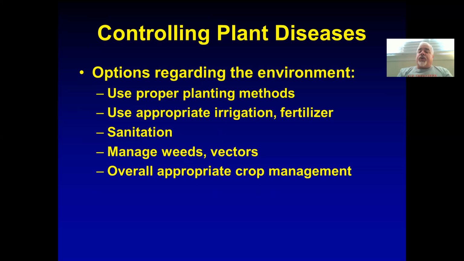And the third option, the third leg of the triangle, what about the environment? Again, you want to use proper planting methods, fertilizers, planting depth, transplanting. You don't want to J root or have a curved root under the ground, bent root when you're transplanting your grapes or your strawberries or something.